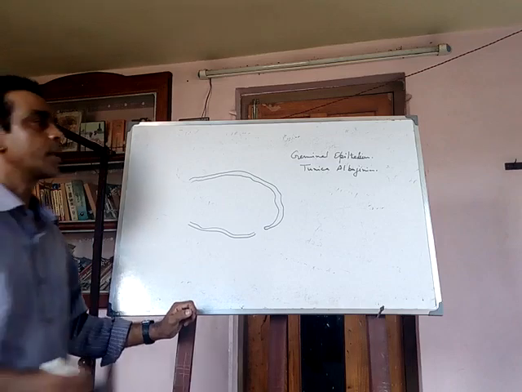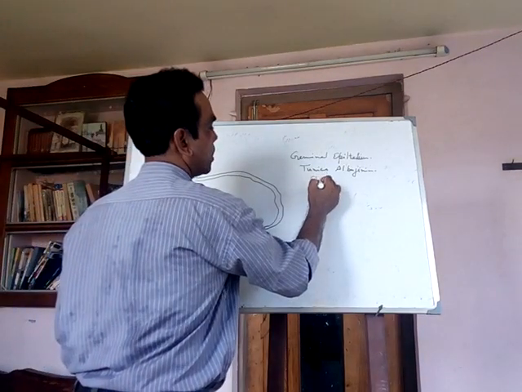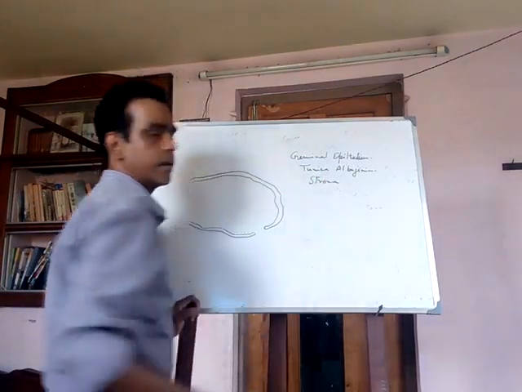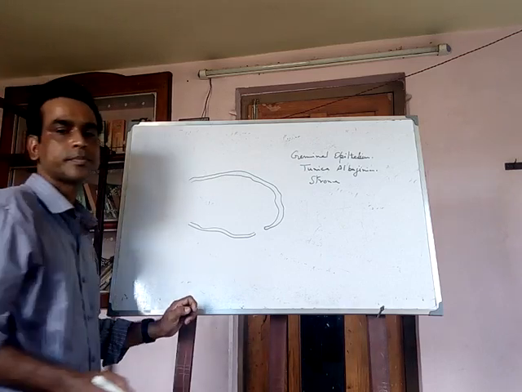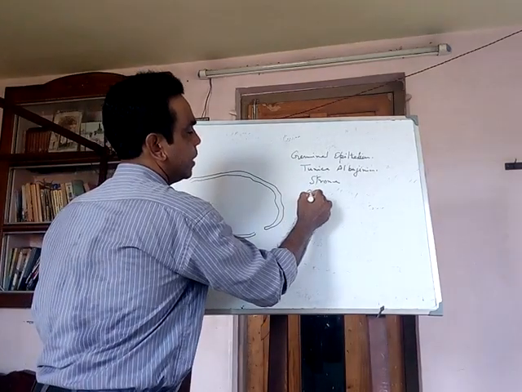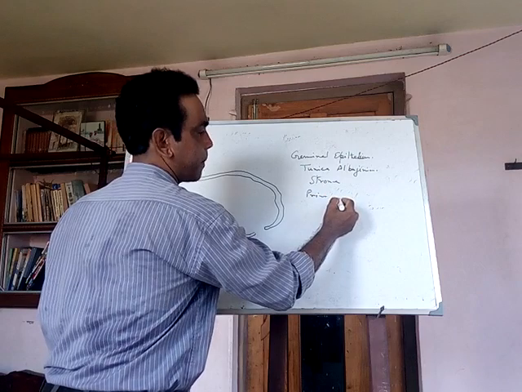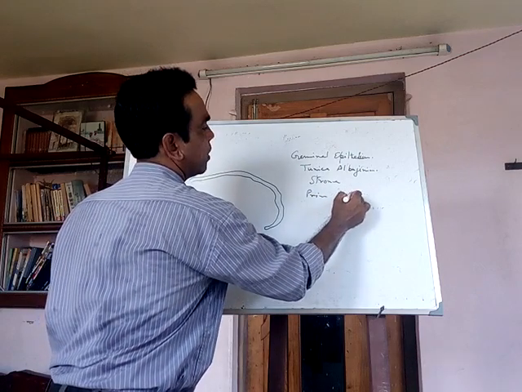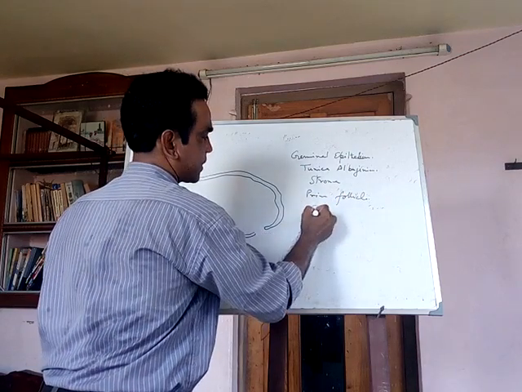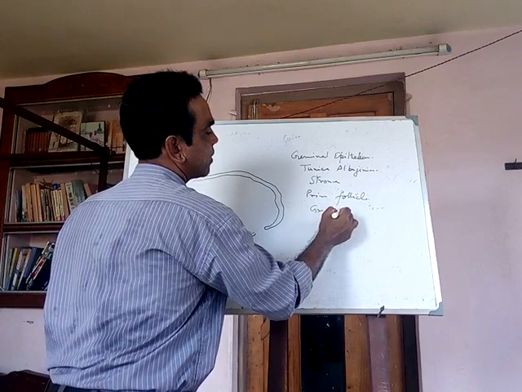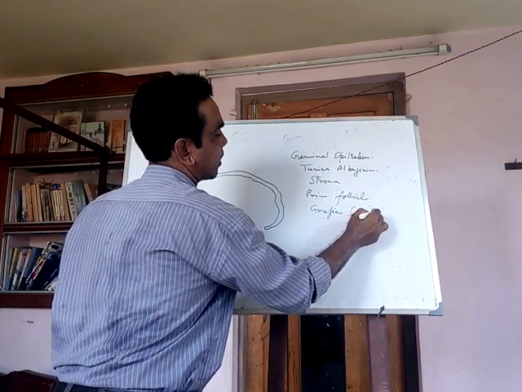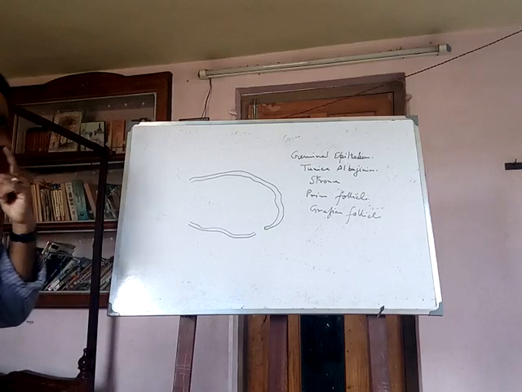The next layer is the stroma. Next, the primary follicle. Next, the Graafian follicle.